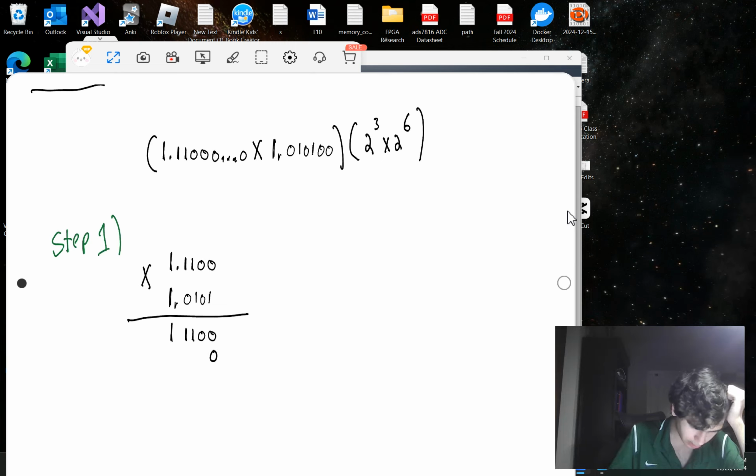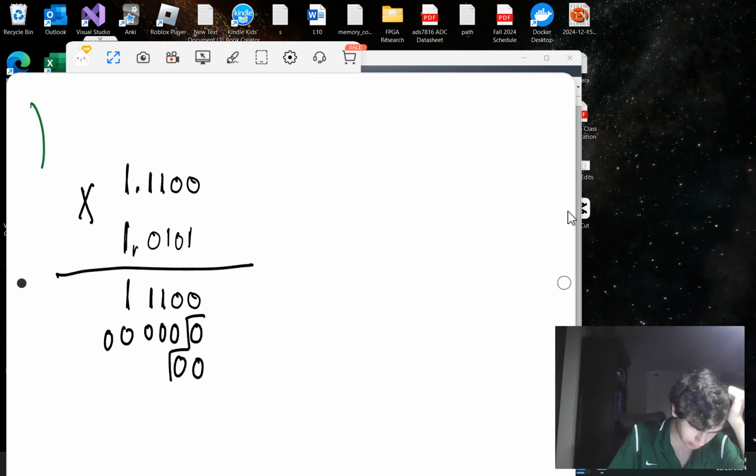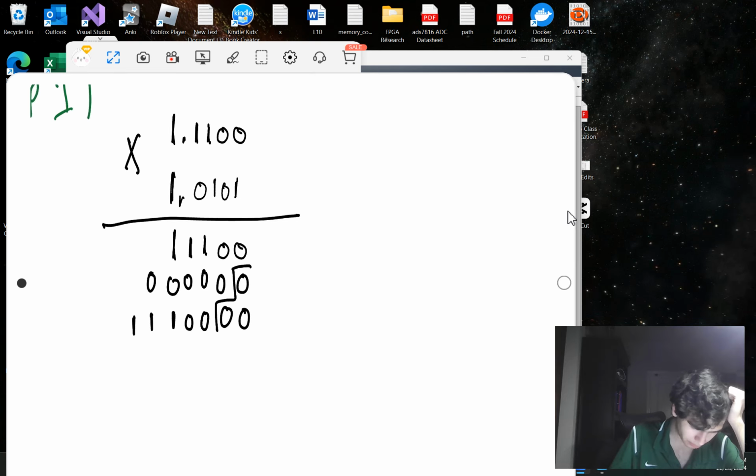Add 1 0 as a placeholder. This next one is a 0, so it's all zeros. Add 2 placeholders. This next one's a 1, so we copy the whole thing. Let me get the spacing good. Okay, copy the whole thing, so 0 0 1 1 1.